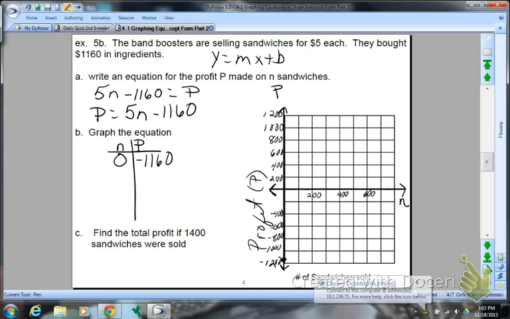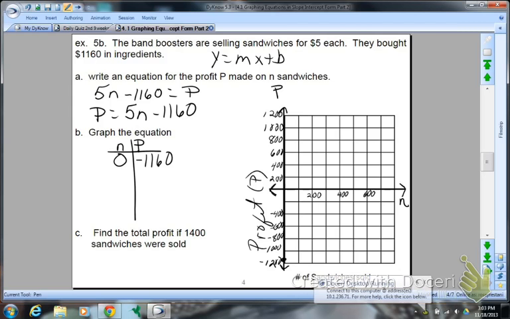That means if we go to the store and buy all this food, and we make the sandwiches, and no one comes to buy them, we are in the hole. We're negative $1,160.